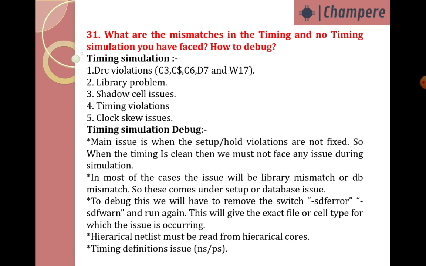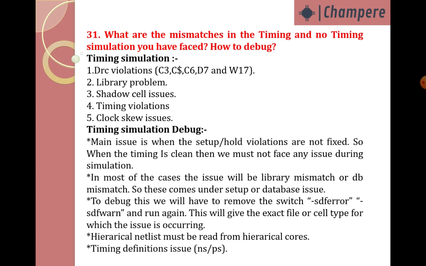What are the mismatches in the timing and no timing simulation you have faced, and how to debug? In timing, we have faced DRC violations C6, C5, C3, D7, W17, library problems, shadow cell issues, timing violations, and clock skew issues. The main issue is when setup or hold violations are not fixed.